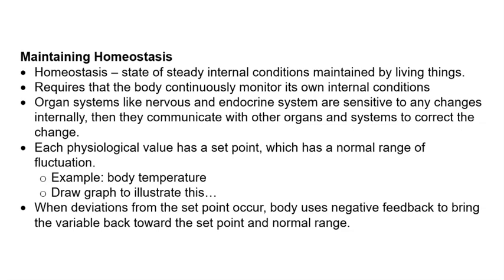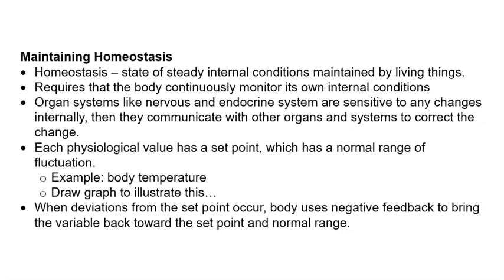Previously, we defined homeostasis as a state of steady internal conditions that is maintained by all living things. And maintaining homeostasis requires that the organism continuously monitor its own internal conditions.